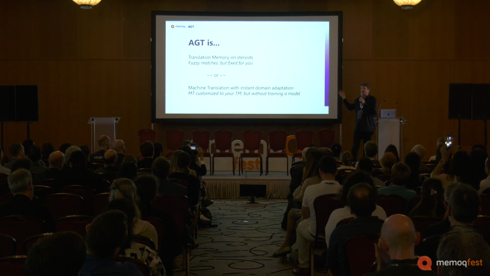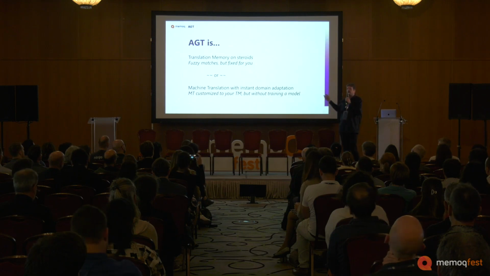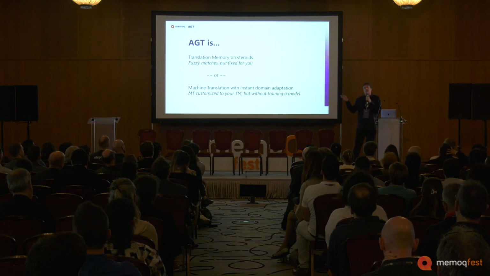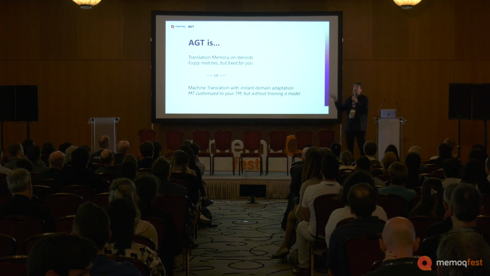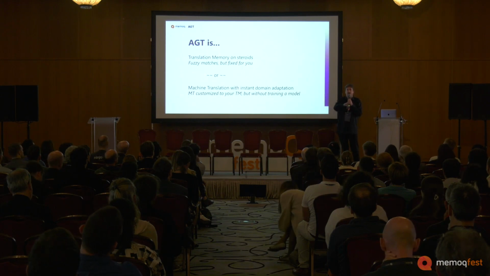And the TM contains a very good translation in that fuzzy match for something else, but you still manually had to change that so it becomes a good translation for the sentence that you're translating now. What we do here with AGT is we basically invoke the LLM and say, here's a fuzzy match, just adapt it so it's the translation of this sentence and not that other thing.